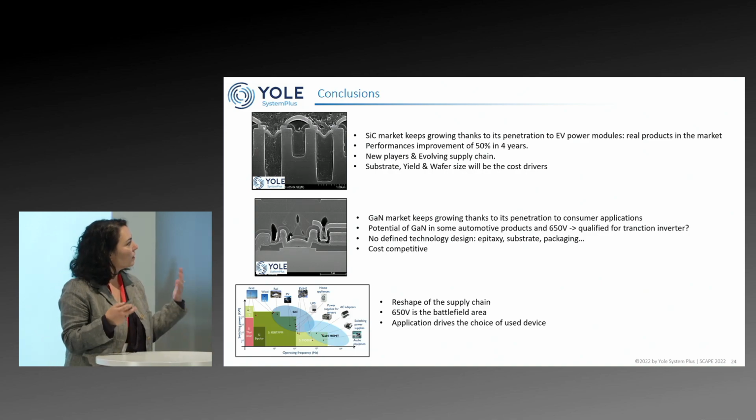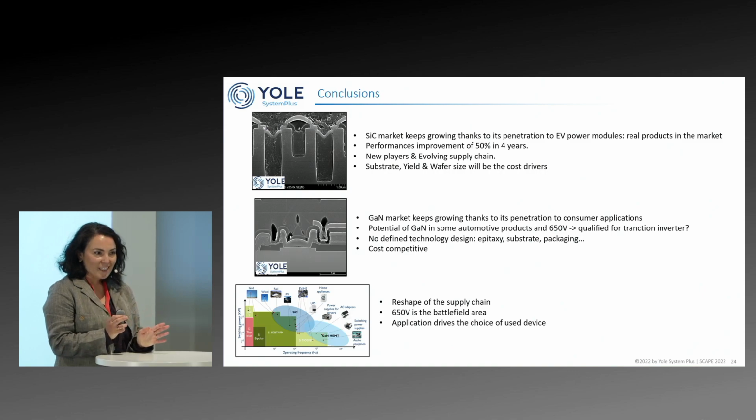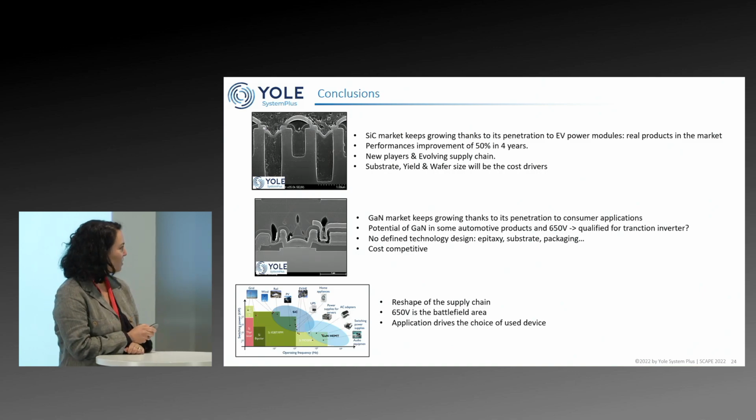And we will see, because we actually expect that the cost, or at least the price, of silicon will increase. It's already increased, and will increase a bit more in the next years. I say cost and price because we always have to differentiate the two. And then for GaN, we will see if they will be qualified.